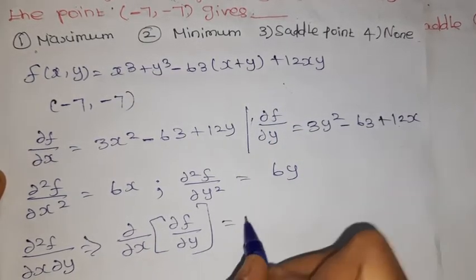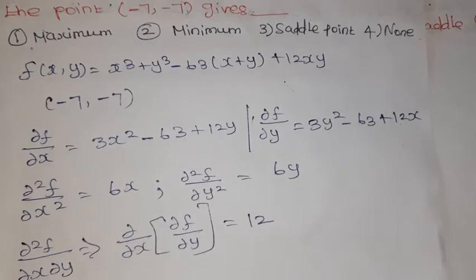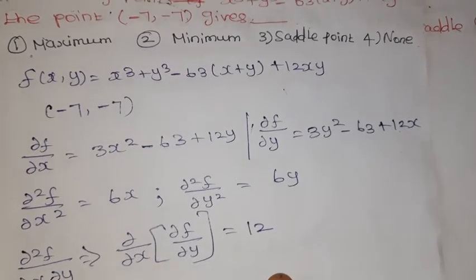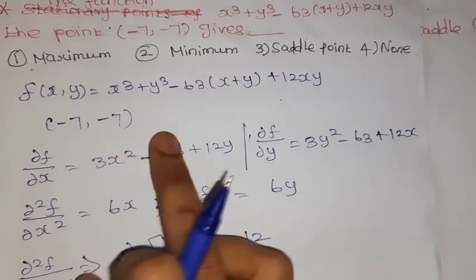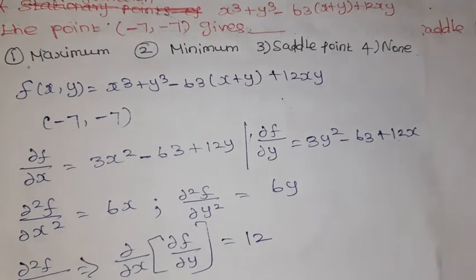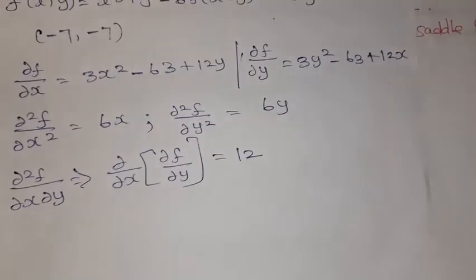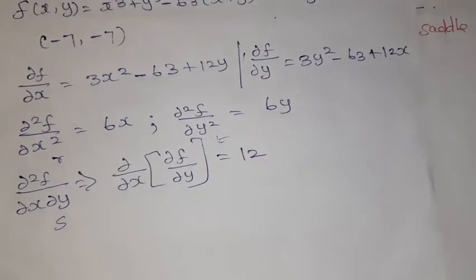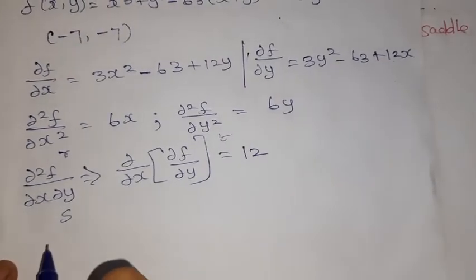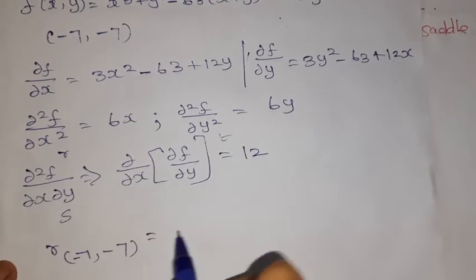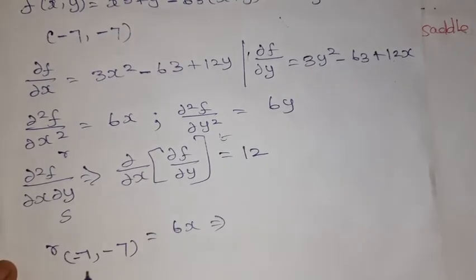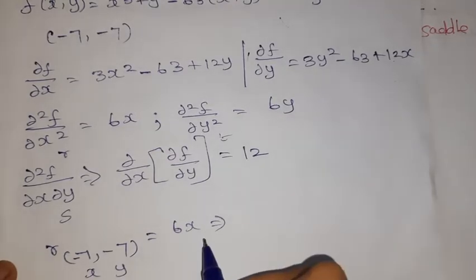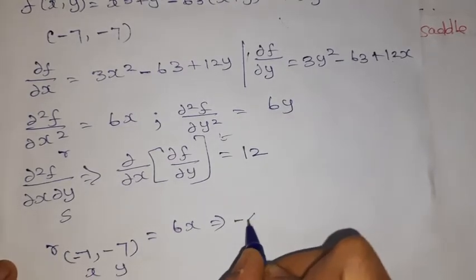So with respect to x we will get 12. Okay, so 6x, 6y, 12, and the stationary point is given as minus 7, minus 7. We can find that this is r, this is t, this is s. Then substitute r at the given point minus 7, minus 7: 6x, this is x and y, so 6 into minus 7 is minus 42.